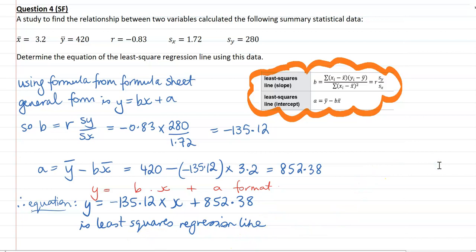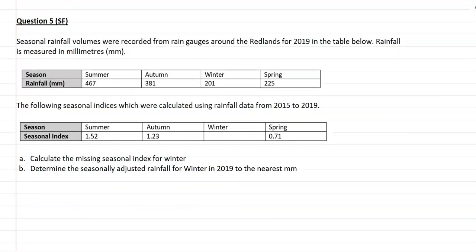On to question 5. We have some seasonal rainfall volumes recorded from rain gauges across the Redlands, and we've got some results there over summer, autumn, winter and spring. You've also been provided with seasonal indices that were calculated using the rainfall data from 2015 to 2019.